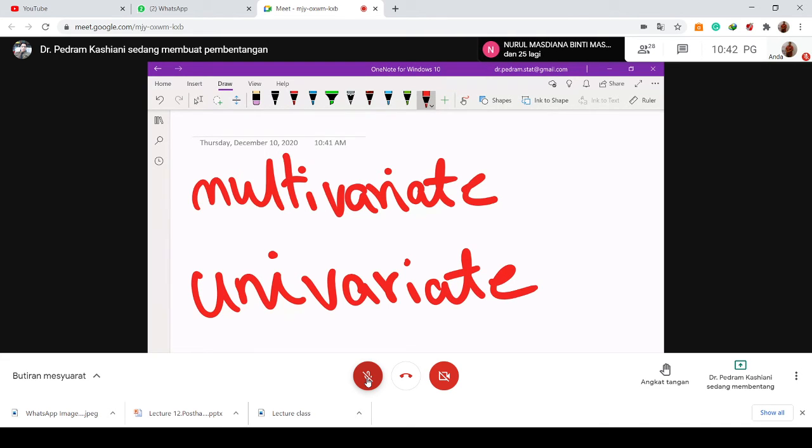I do one ANOVA for yield. I do one ANOVA for plant height. I do one ANOVA for ear size. So one trait or one variable at a time. We only speak about one thing. So this is univariate.